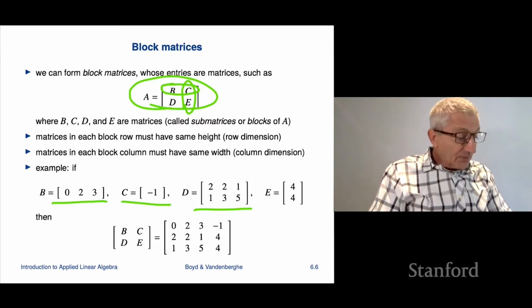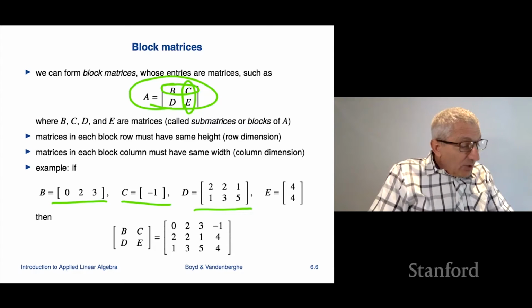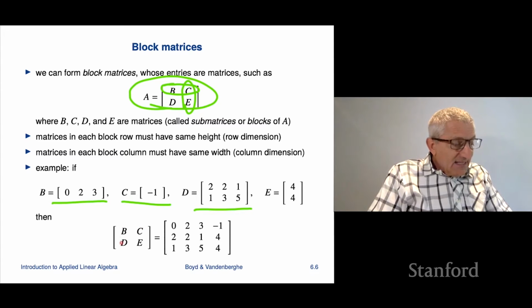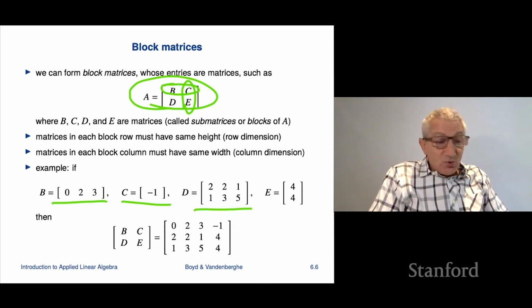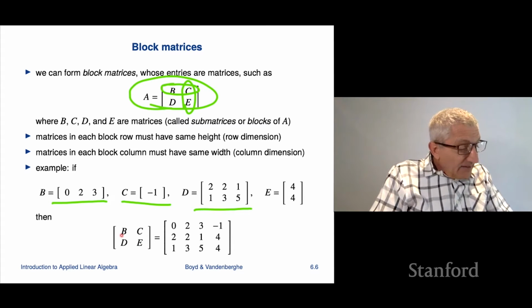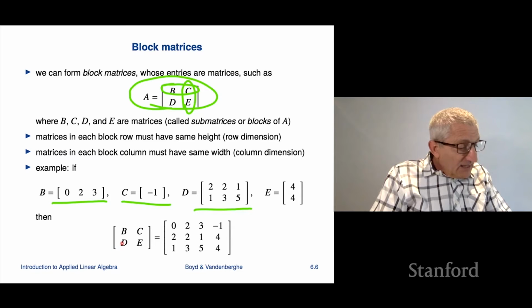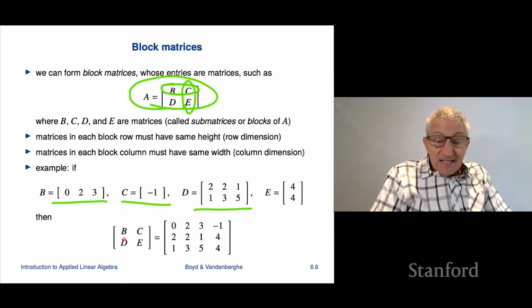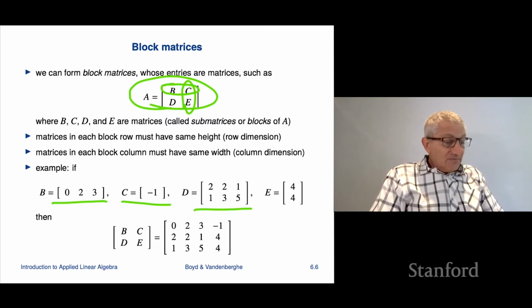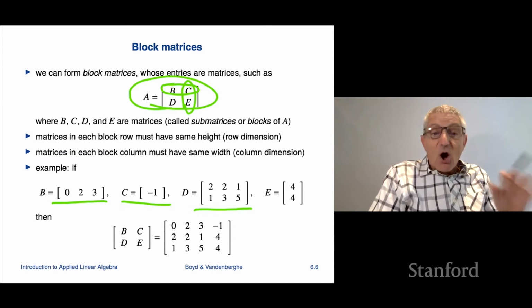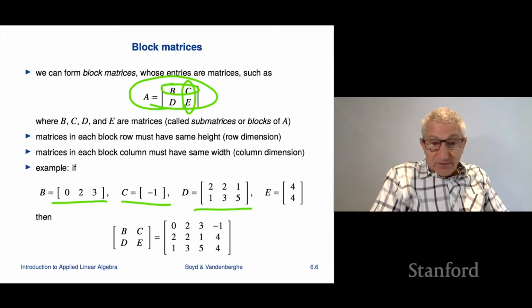So we're going to form this block matrix, B C, D E, and let's first check that the rules work. So the height of B here is 1, right? The height of C is 1, so we're good on the top row. Bottom row, D, E. The height of D is 2 rows, and E has 2 rows also. So the second row has been audited from the dimension point of view.